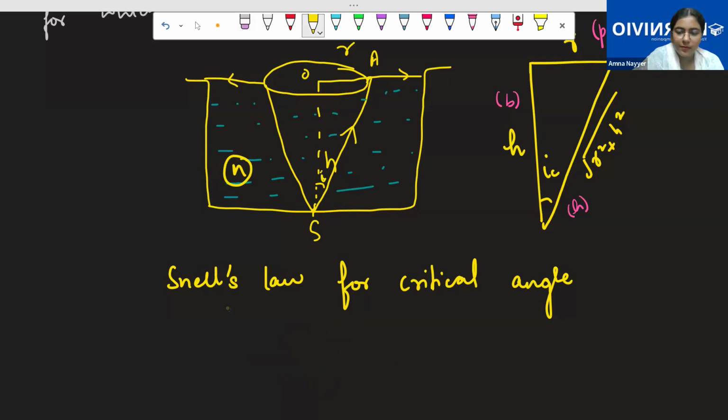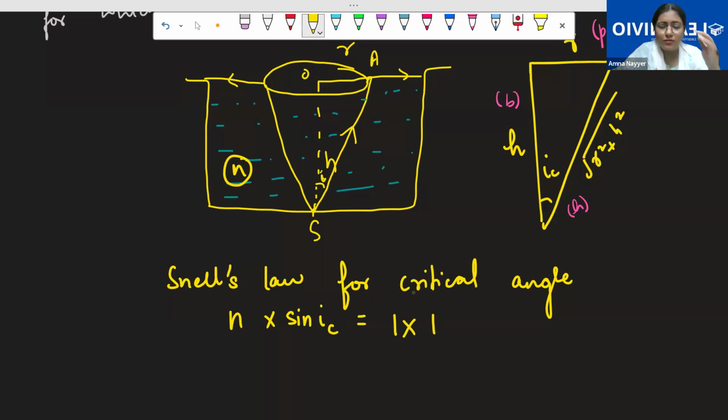It will be n into sine IC is equal to air is also 1, so 1 into 1. So what is it? Use this, Rasmi. I also will always want you to remember the formula, but in this, you will get stuck.